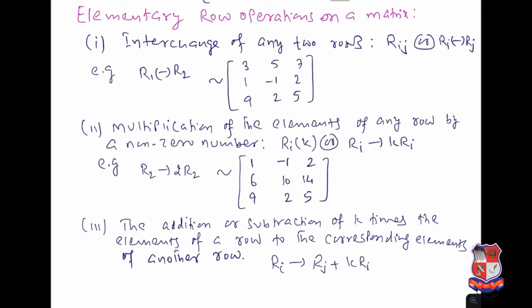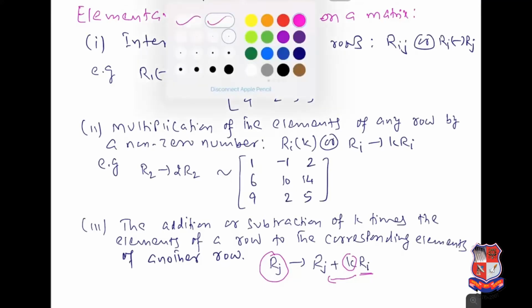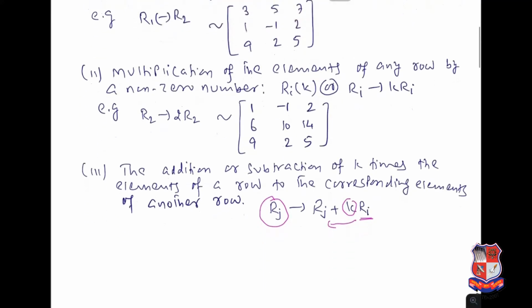Sorry, here we do like this. The change is in the jth row. So every element of ith row multiplied with k and then added in jth row. So the change is in jth row. Okay, let us do one operation here.